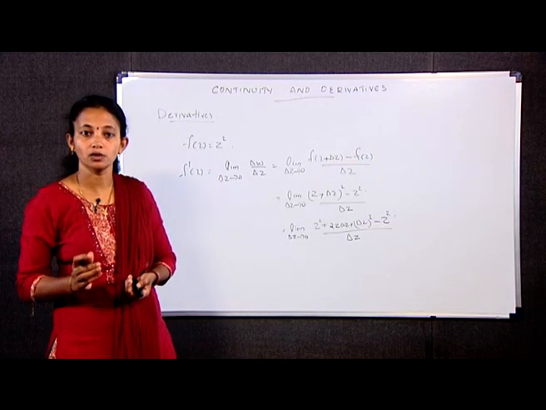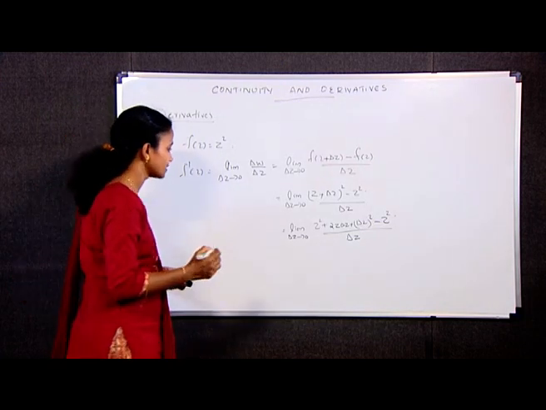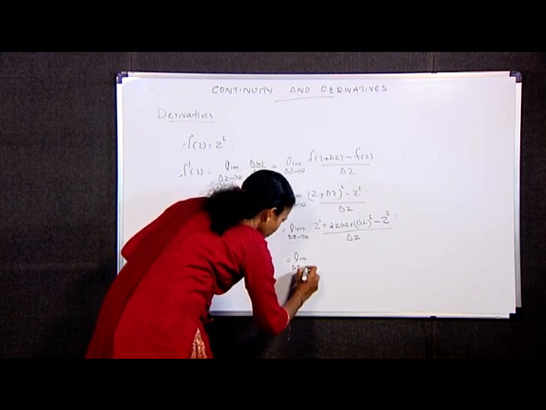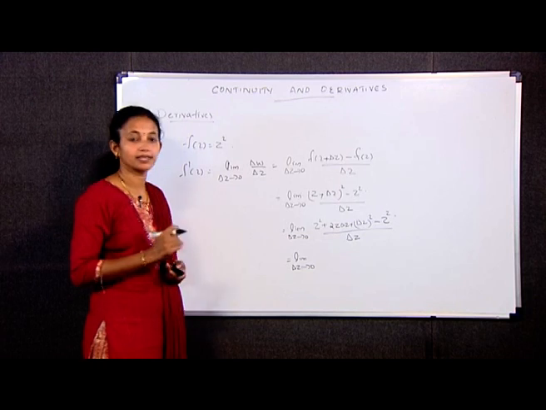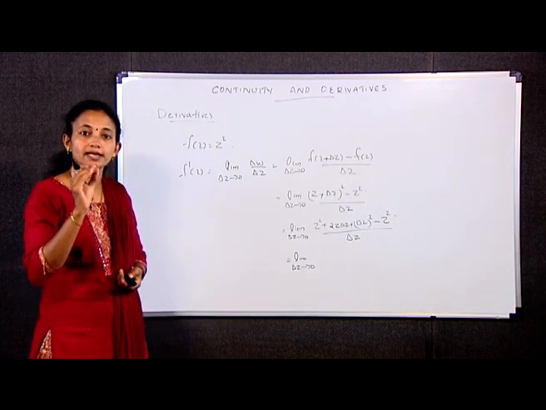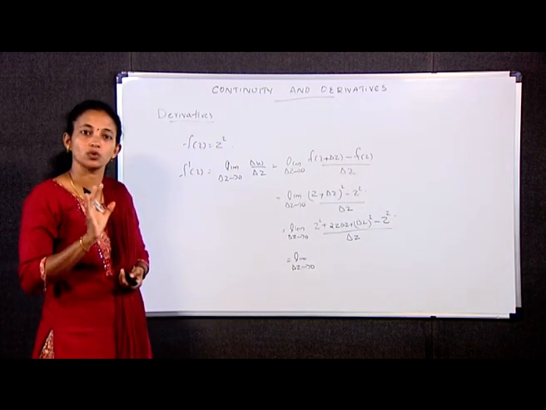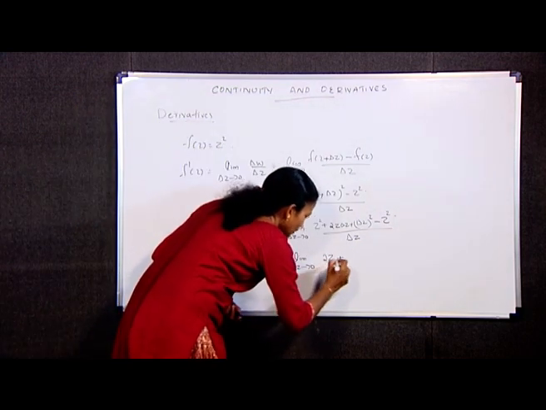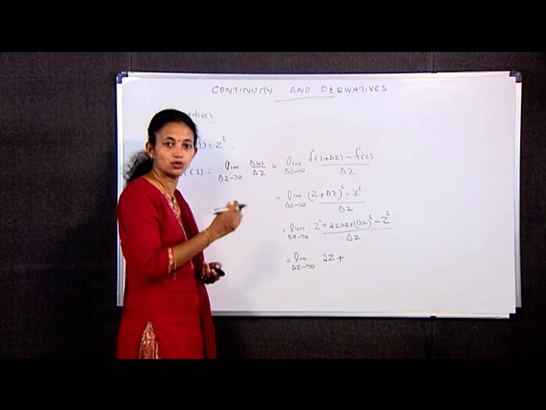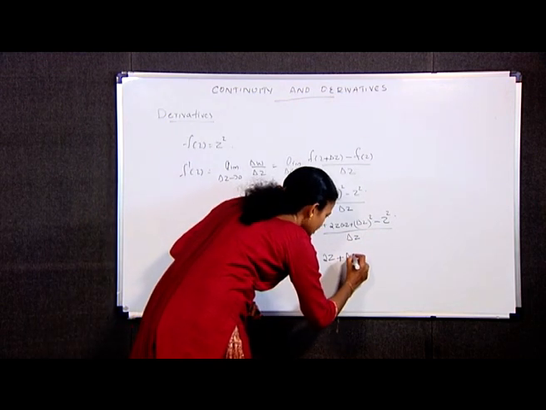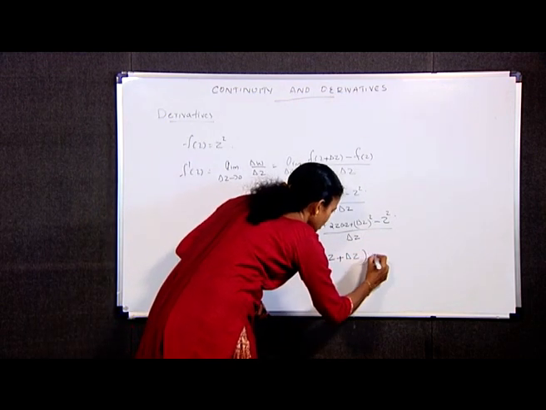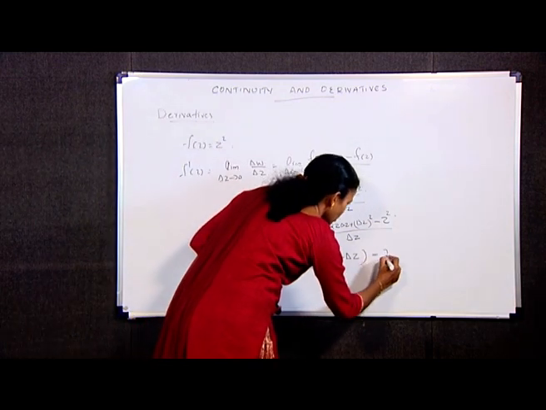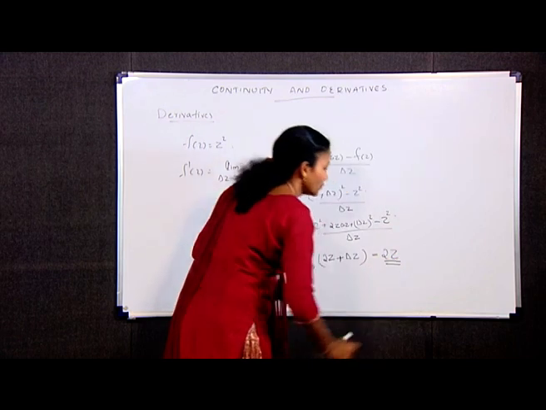On simplification, we get the limit of 2z delta z plus delta z whole square by delta z, which is 2z plus delta z. As delta z tends to 0, the answer is equal to 2z.